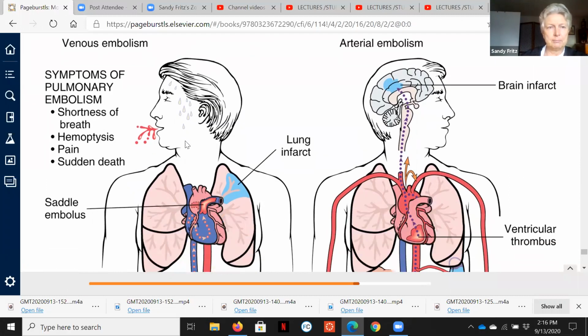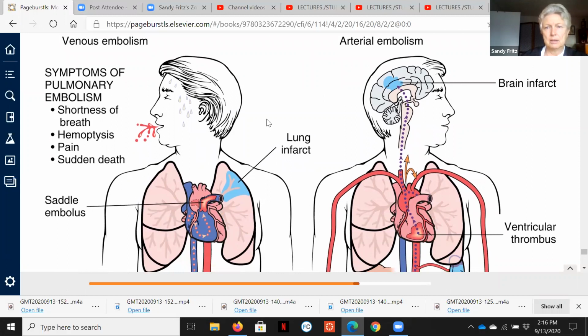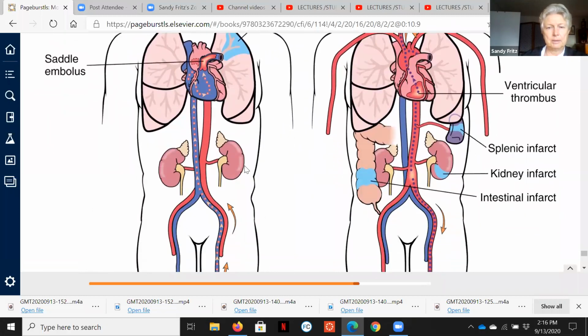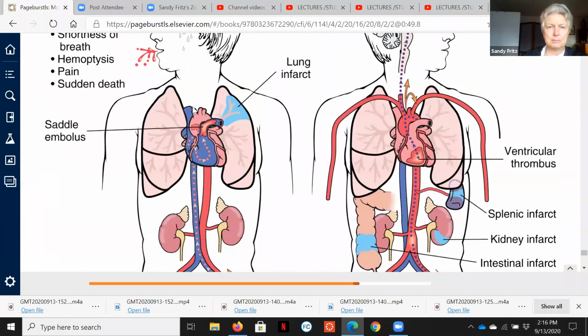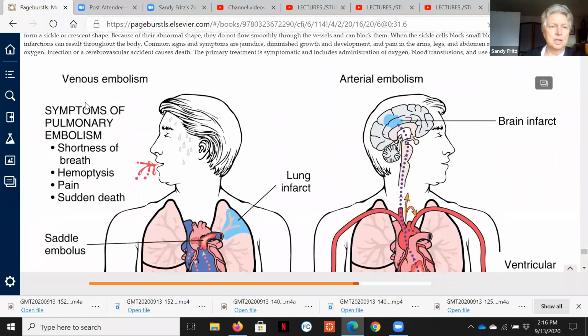Here are your various embolisms. It is the clot, the thrombus, the embolism. Sometimes it's where it's at that determines what these words mean, and they are sort of interchangeable.